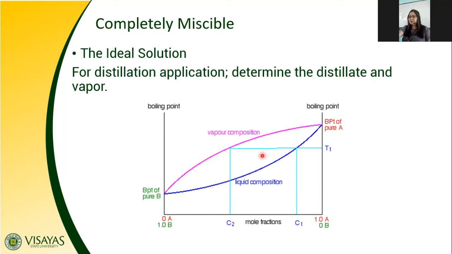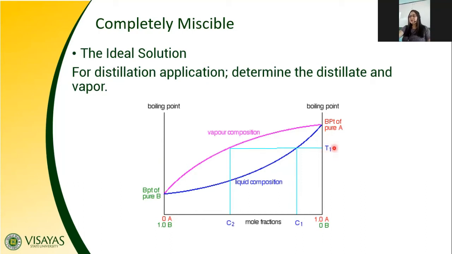So you have temperatures where both phases occur, and you also have temperatures where only one phase occurs. Okay, so let's go back to this temperature 1 label.